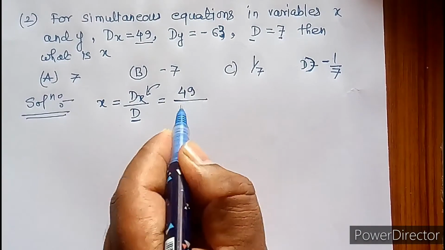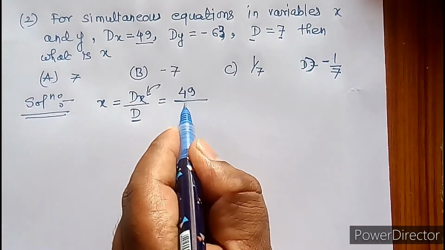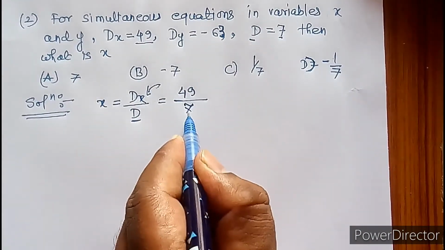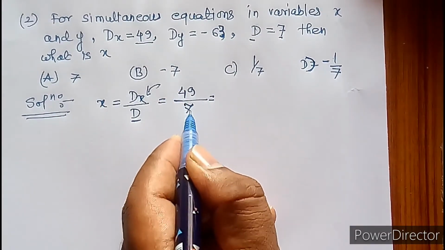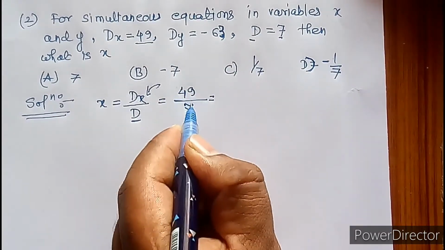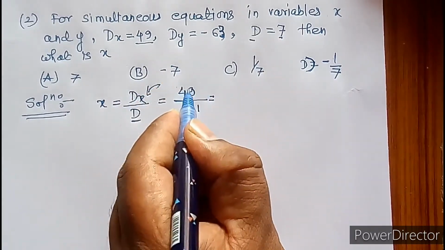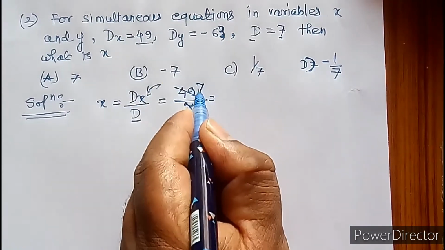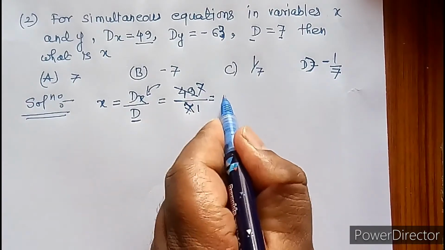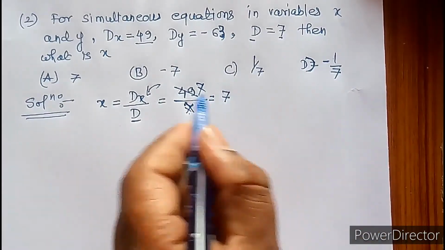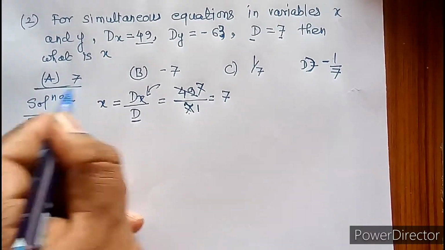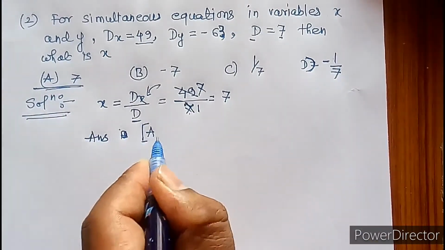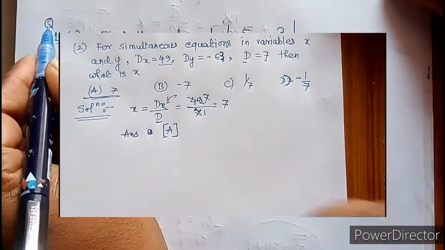That's why put 7 instead of D. Therefore I am writing down here 7. Now 49 is divisible by 7 times. Now here 7 ones are 7 and 7 sevens are 49, it is divisible 7 times. Here the answer is 7 and here the alternative, that is a alternative, is 7. Therefore our answer is A.